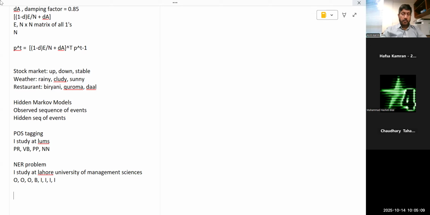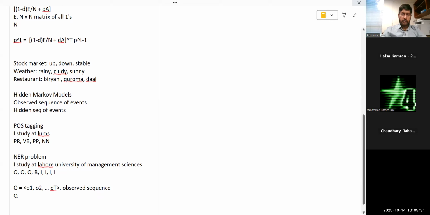ठीक है. So what from these two applications you see is that there are two sequences. One sequence is O, okay? So this is a sequence O1, O2, dash dash dash to OT. So this is the observed sequence.